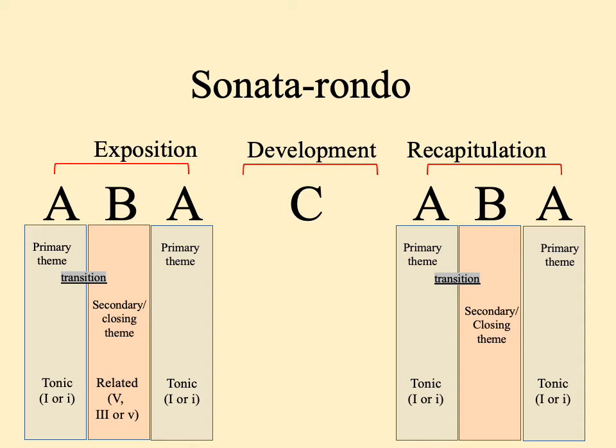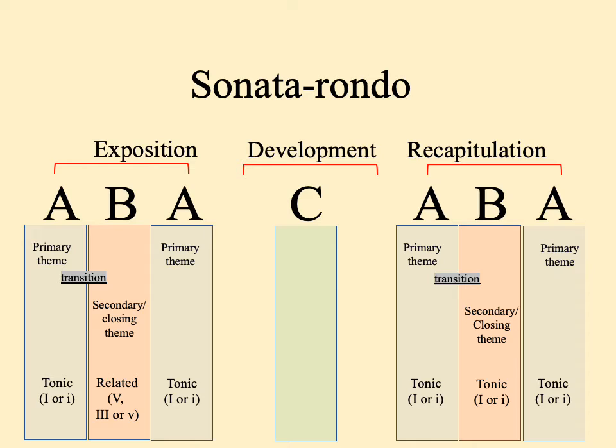We'd have primary theme in the tonic, then secondary and closing themes in related keys. In this sonata rondo world, when that B section comes back on the recapitulation side, it's going to change the way it works tonally, and it's going to restate all of its ideas in the tonic key. The secondary and closing theme now are going to be heard in the tonic, just like we'd hear the secondary and closing themes in the tonic in a sonata form.